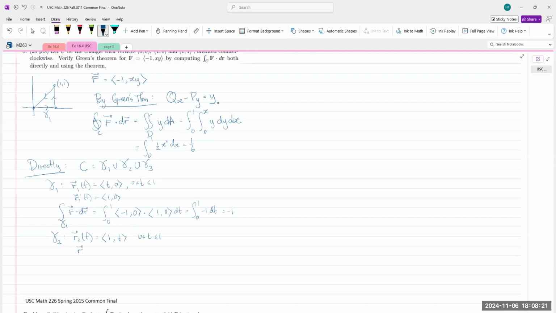So r2 prime of t will be (0, 1), such that the integral over gamma 2 of F dot dr is the integral from 0 to 1 of (-1, xy) dot (0, 1) dt. That is the integral from 0 to 1 of t dt. That's 1/2.